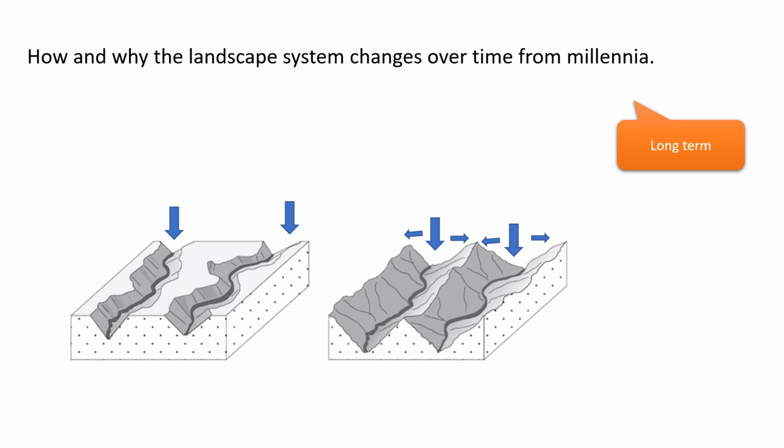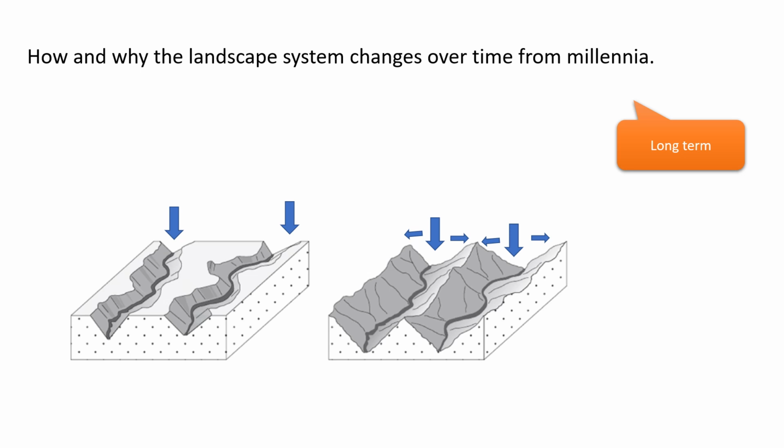And if you look at the image on the left, you can see that most landscapes start relatively flat. There might have been some sort of tectonic uplift, but the area of land would have been flat. And probably there would have been some sort of river that would have drained through and eroded that landscape, creating V-shaped valleys.